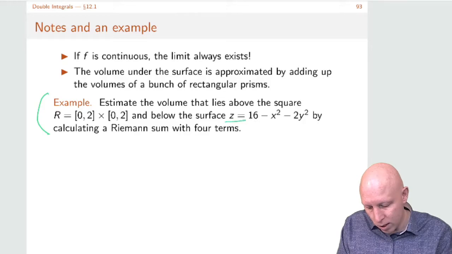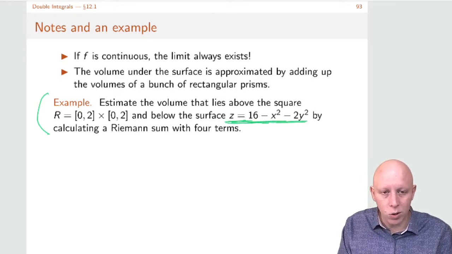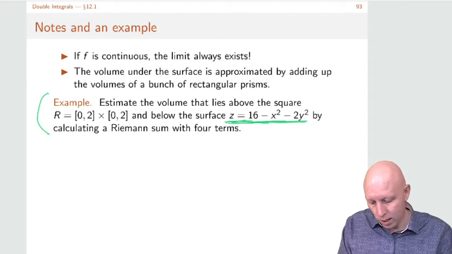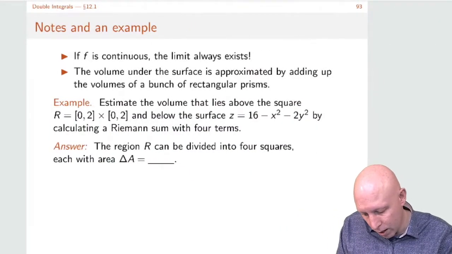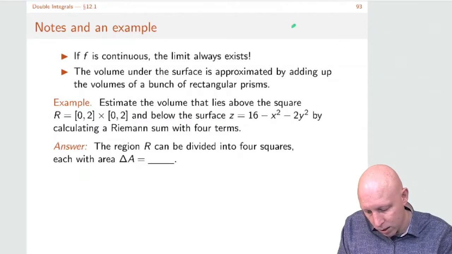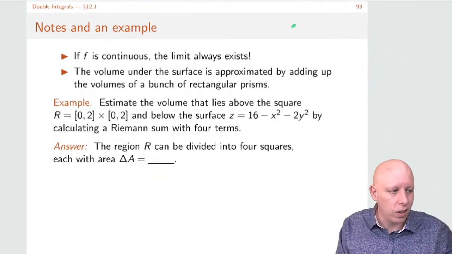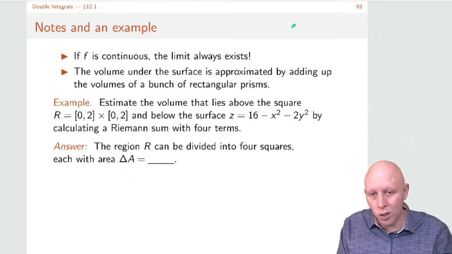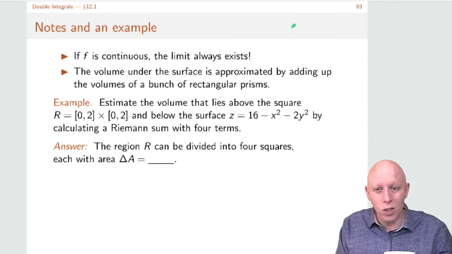So consider this surface 16 minus x squared minus 2y squared. All right, I'm going to draw this picture. We have R. So we're going to always have two pictures here. When we're dealing with volumes, it's really important to think both in terms of the xy plane and also in terms of xyz space.